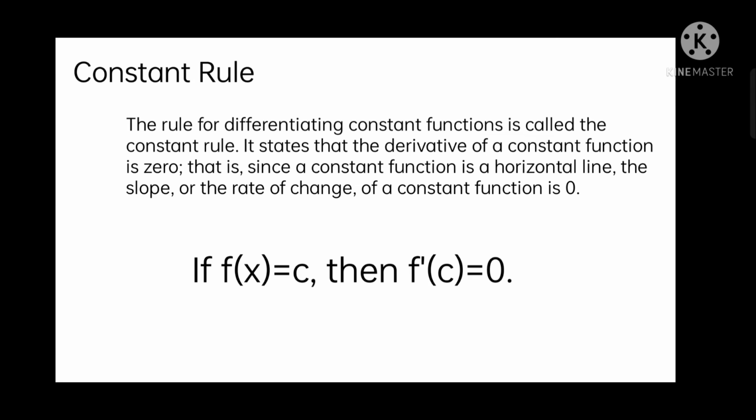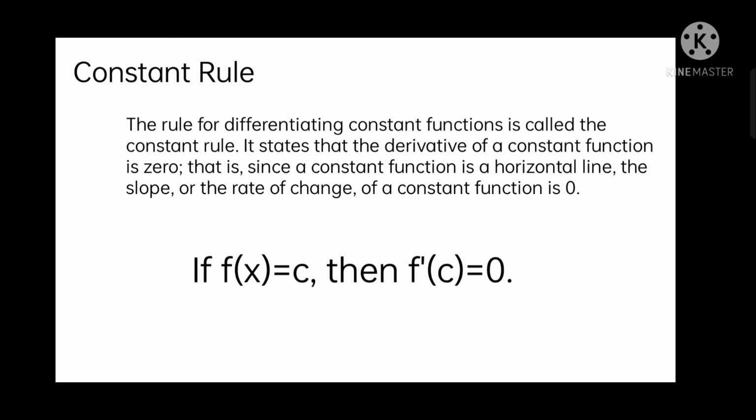So we have the constant rule. The rule for differentiating constant functions is called the constant rule. It states that the derivative of a constant function is 0. That is, since a constant function is a horizontal line, the slope or the rate of change of a constant function is 0.